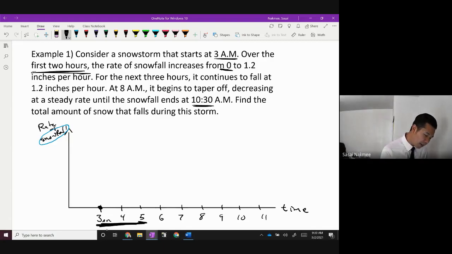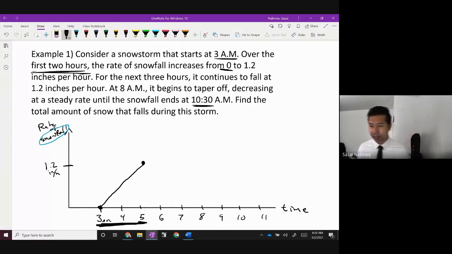So at 5 a.m., the snowfall rate is now up here at 1.2 inches per hour. And that's right here. So the snowfall has been increasing from 0 to 1.2. So it's been doing something like this. It's been going up to that point. Bam, like that. You guys okay?